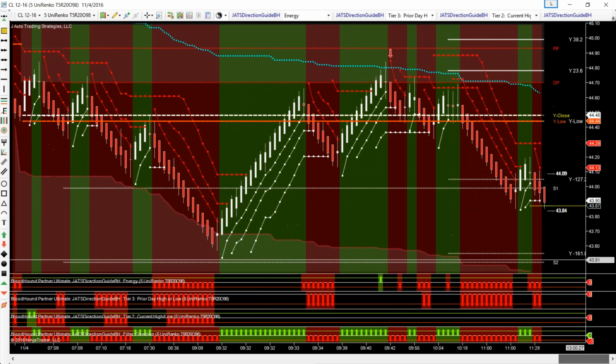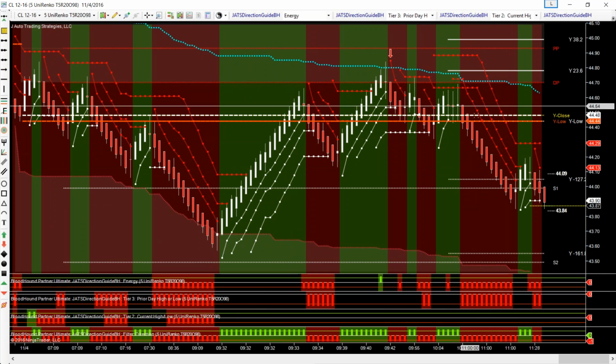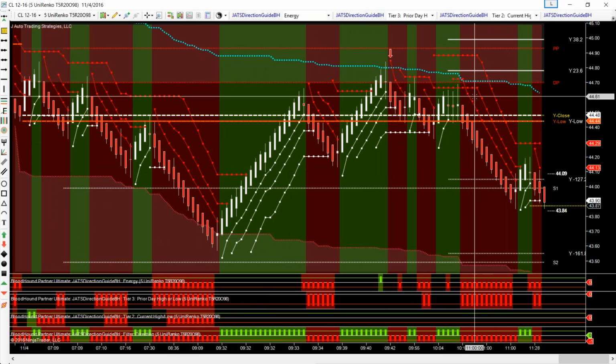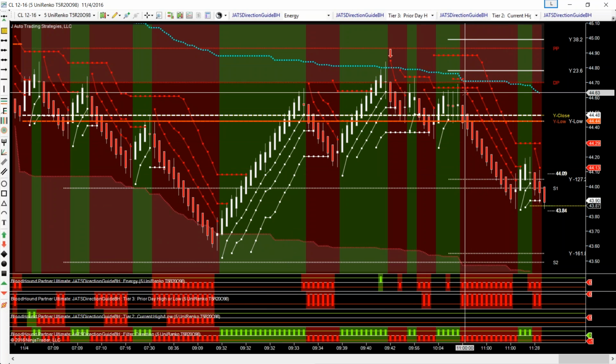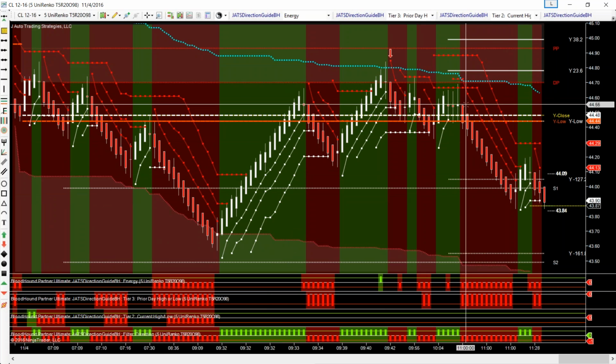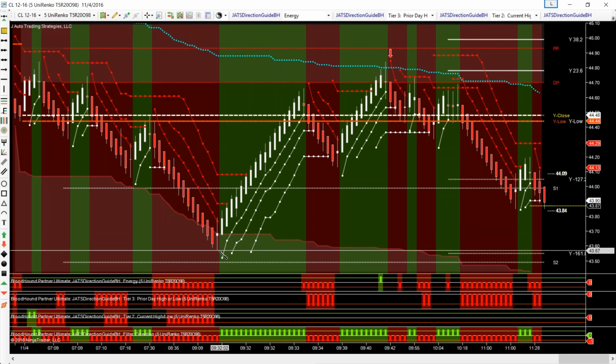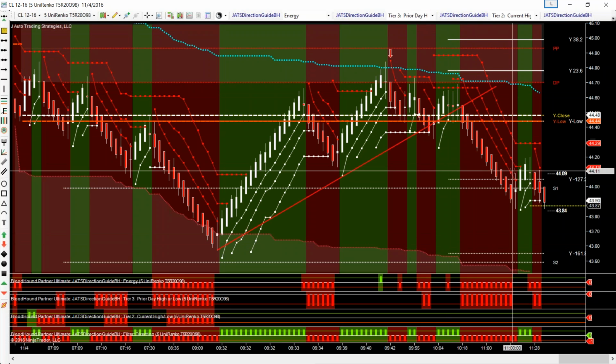And if you were just patient and waited for the volatility to roll over on the higher time frame, you would have been able to get into this last leg down after 11 a.m. into the close and take advantage of when price is getting out of this flag and resuming the trend.